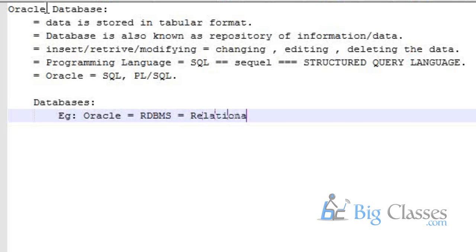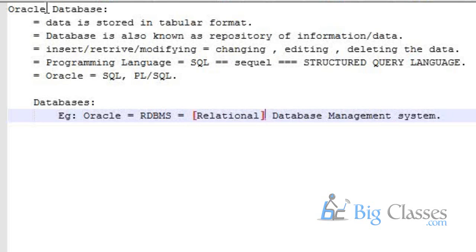RDBMS is Relational Database Management System. R stands for relational. I told you that data is stored in the form of tables, and every table has rows and columns.